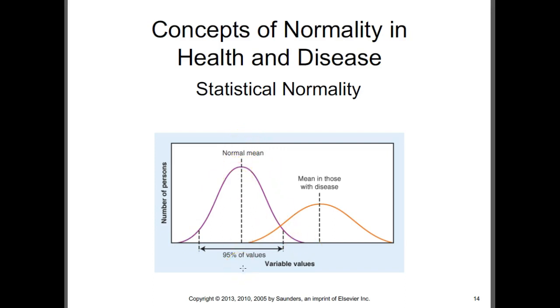So let's say that you were talking about patients with diabetes, okay? The normal mean for blood glucose, measured as the concentration or amount of glucose in their blood, in milligrams per deciliter, is usually about 70. That would be the normal mean for somebody who is free of the disease, okay?